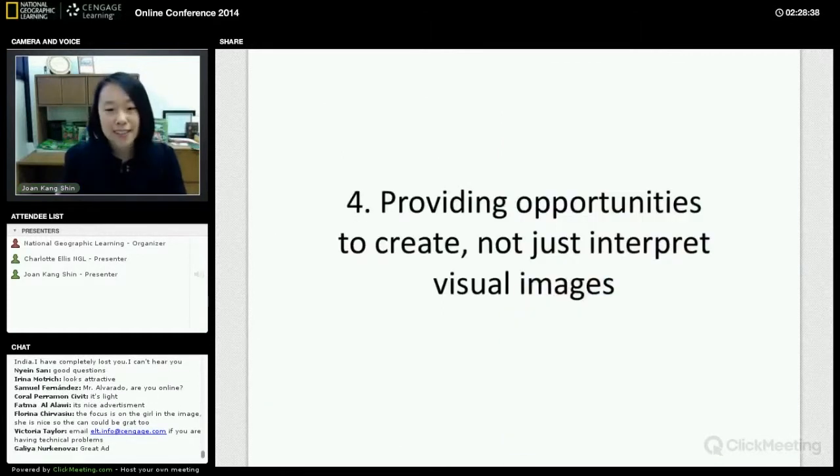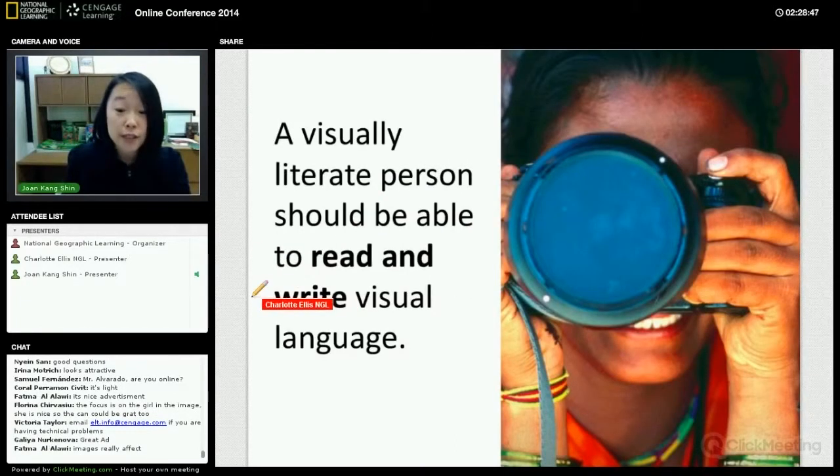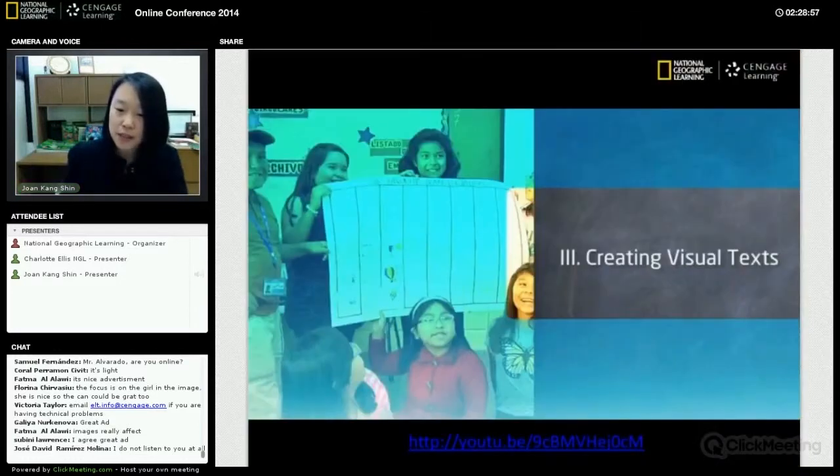So the last one is providing opportunities to create, not just interpret, visual images. A visually literate person should be able to read and write visual language. Right? You're not only supposed to interpret the images, you have to learn how to communicate using those images.